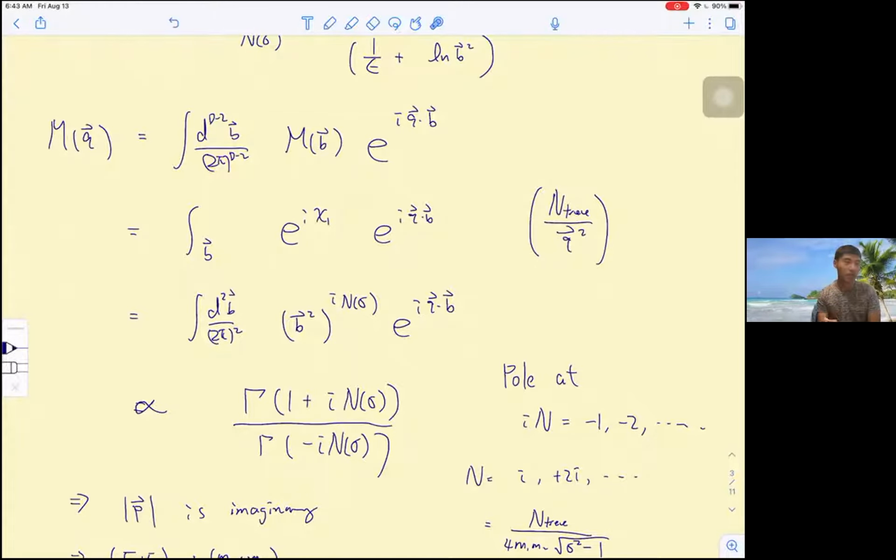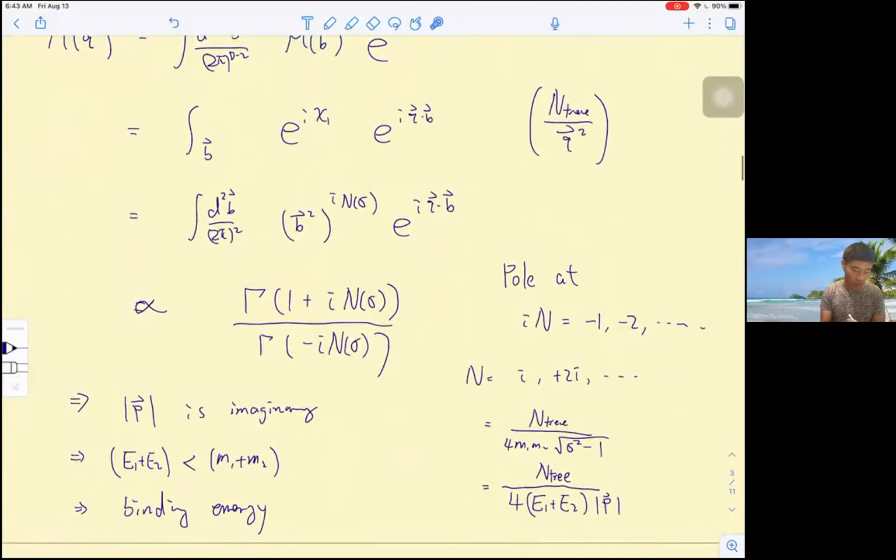But the resummation in this approach is actually difficult, and also when we want to get the binding energy by Fourier transforming back to momentum space and inspecting the pole structure from this gamma function, it's also difficult when you go to higher order. So that's why we need a different language for this exponentiation.